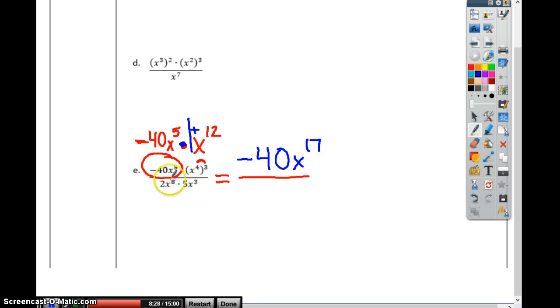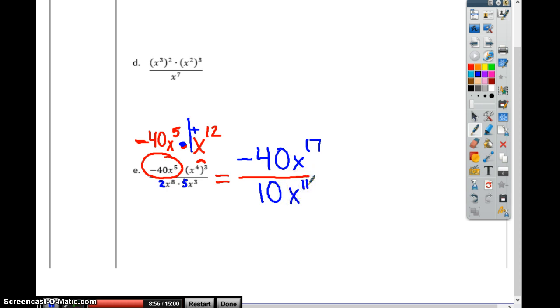Now for the denominator, there's no power to powers here that I need to simplify. But I do need to multiply the two. So 2 times 5 is 10. And then x to the 8th and x to the 3rd, when you multiply them, you add the exponents, you get x to the 11th power.